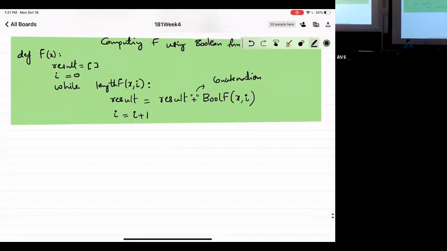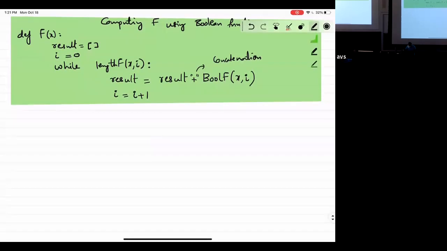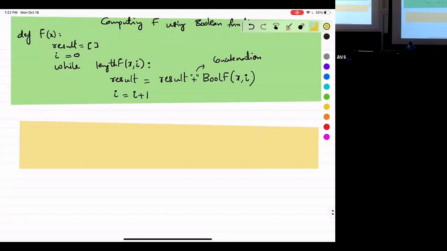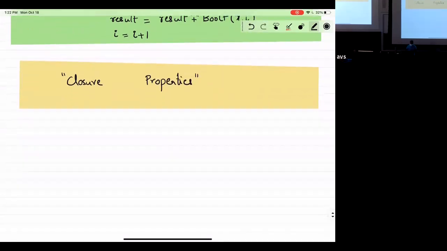The formal way of talking about them is closure properties. This is something that you'll see a lot. I'm sure many of you in any programming class would have used it, but the mathematical way of talking about it is closure properties. What does that mean?